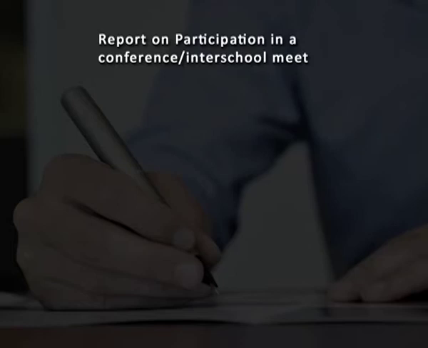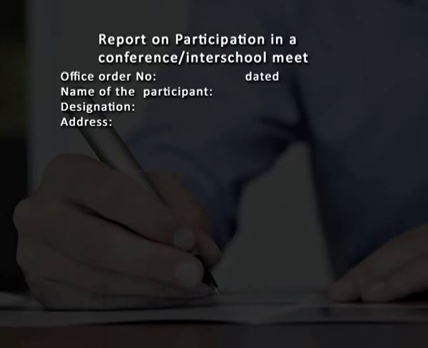The first thing, you have to mention it as the conference report. In the second line, give the title of the conference that you have attended and write down a report on participation in a conference. In the next line, you have to write your office order number and the date on which you are writing this report.